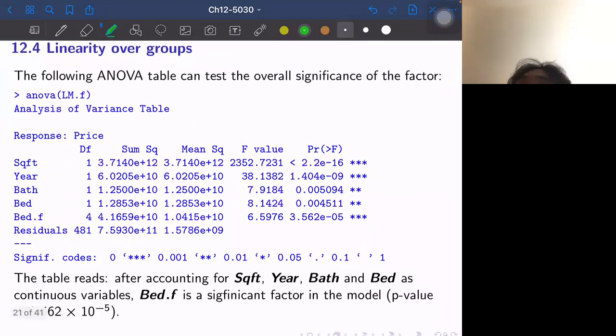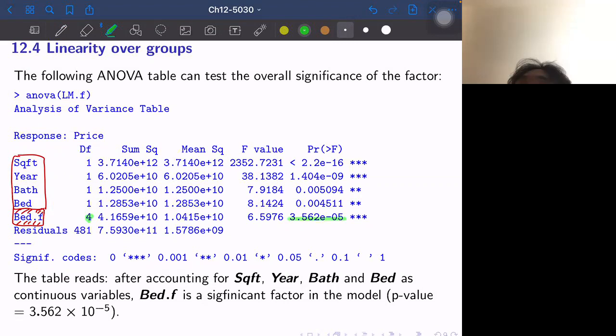If we make this ANOVA table, this is a sequential test. Basically this can test whether the original model or the model with the additional variable is better. If we add the additional variable, even with 4 parameters, the p-value for this F statistic is very small.